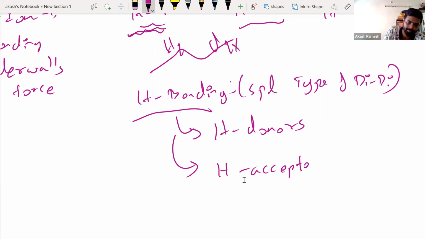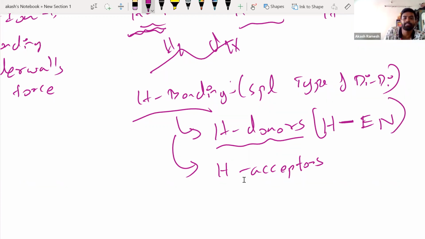I should have something called hydrogen donors and something called hydrogen acceptors. What do you mean by hydrogen donors? What do you mean by hydrogen acceptors? It is very simple. Hydrogen donor means hydrogen should be attached to a highly electronegative element, and there are only three possibilities.